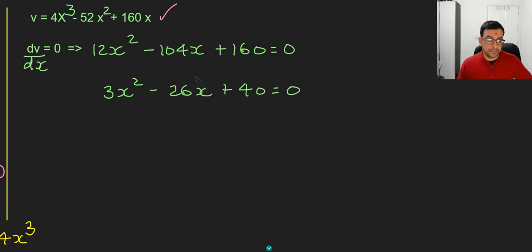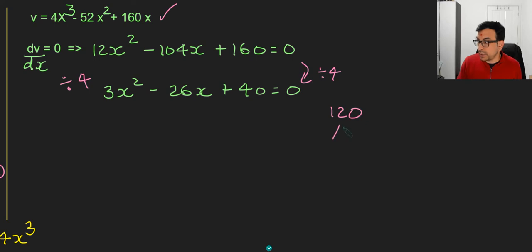All right, so here, what I would do is divide this expression by 4 throughout on both sides, which leads to this expression here. And now this is factorizable. You can use a calculator, but I'm just going to go old school style here. 40 times 3 is 120.